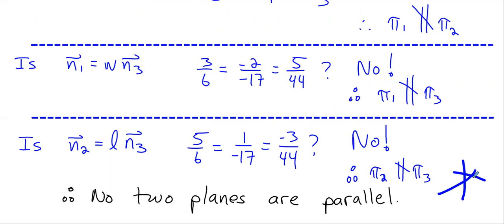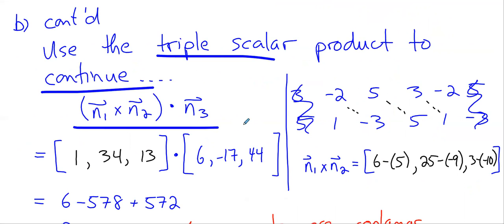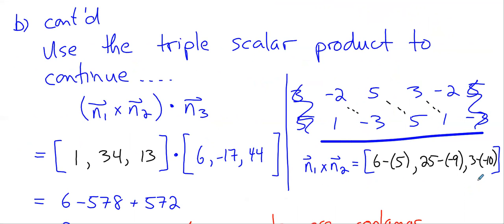Now the question is, do they all intersect in such a way that there could be some sort of intersection? Let's take a look. This is where the triple scalar product is going to be helpful. If we get a 0, it'll tell us one thing. If we don't get a 0, then it'll tell us something else. For the triple scalar product, we might have to do that cross product calculation to get the values and then do a dot product to get a result.